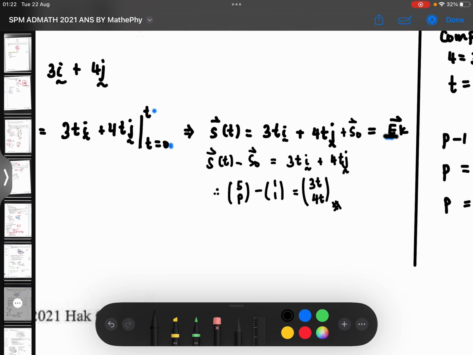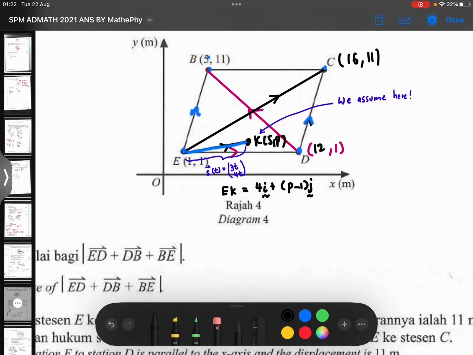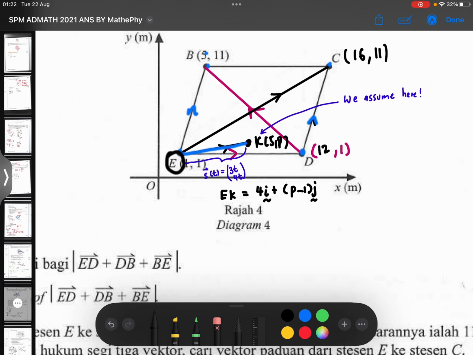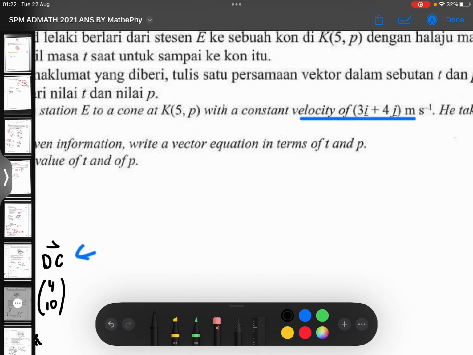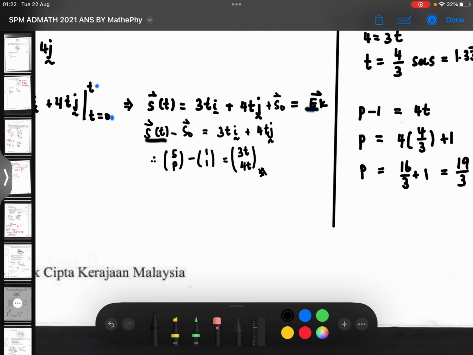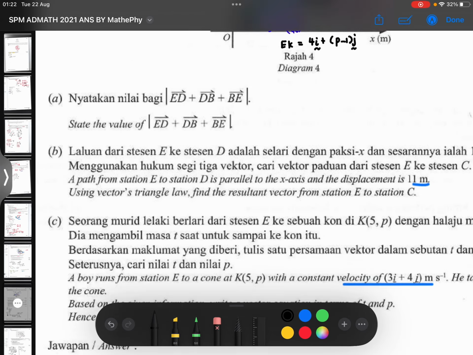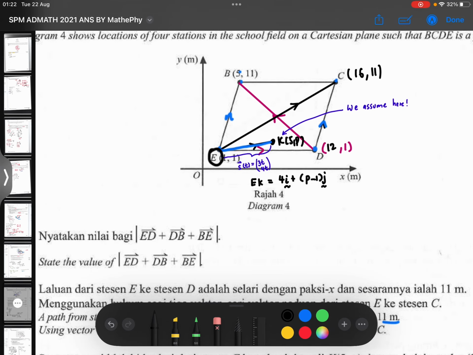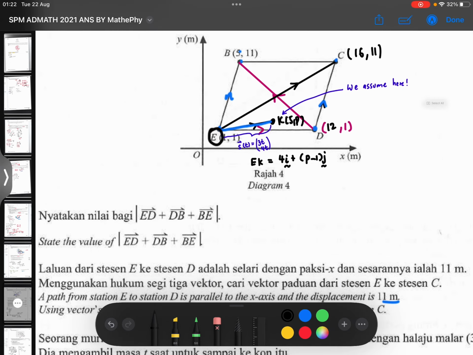s naught is actually 1, 1, because we start from position vector E, 1, 1. st is the final position. Our final position is where? At K, 5, p.